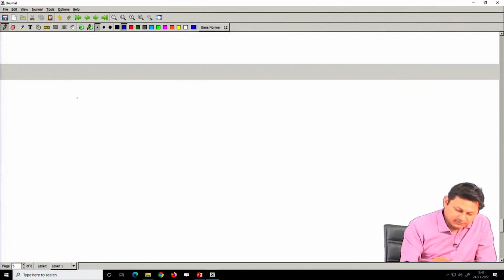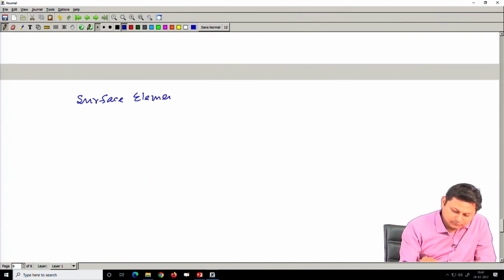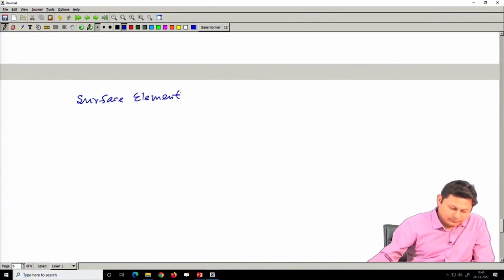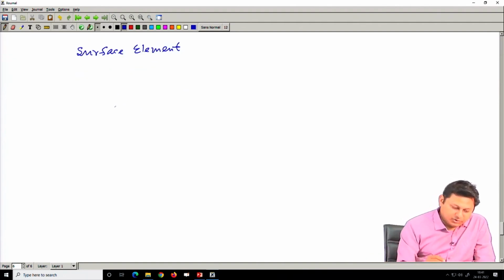So what should be the surface element? Like before, I need to draw the surface again.